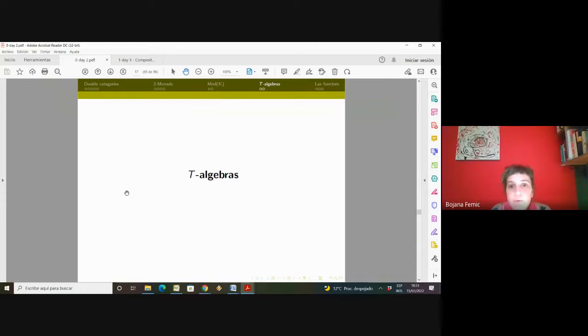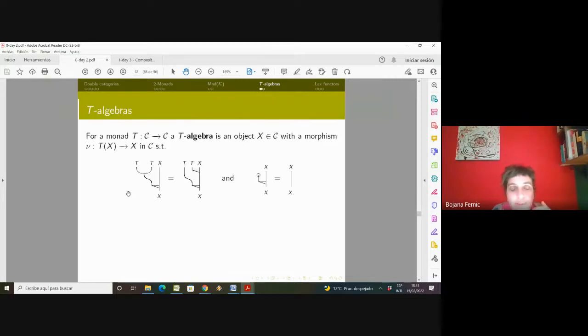And now we go to T-algebras. Okay, so another topic connected to monads. We go back to ordinary monads, T on ordinary categories C. So for a monad T on C, a T-algebra is an object X in the category C with a morphism mu from T of X into X, a morphism in C, such that these two axioms should hold.